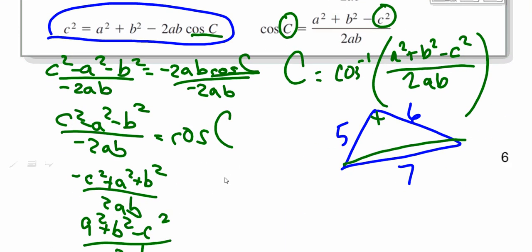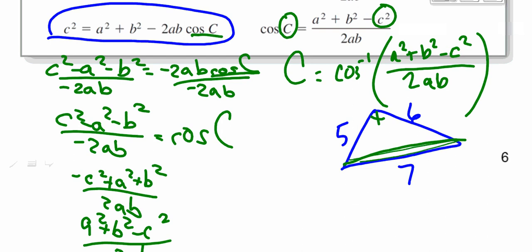We already did the deriving of the equation over there, but I do have this here because sometimes I like to remind you that if I know these sides are 5, 6, and 7, then when I'm trying to find the three angles, I want to always find the largest angle first.